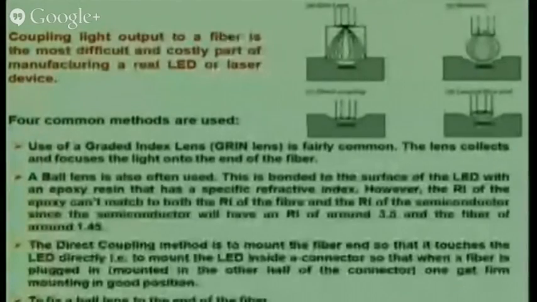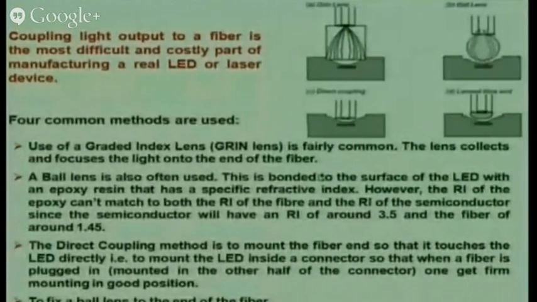If I take a fiber and grind it so that a lens is formed at the edge, I can couple light output from this region, right? So these are the 4 mechanisms by which I can couple the light output to the fiber.